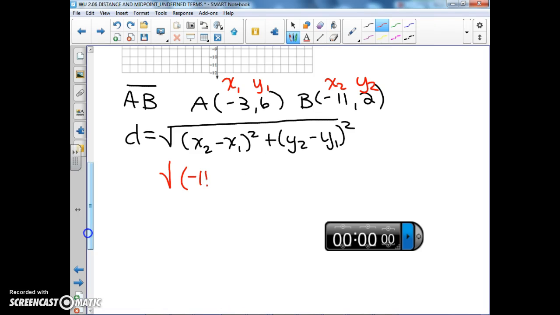If I have minus a -3, now I have two negatives, so two negatives will make a positive. I can just change this to plus 3, squared. And then I have y2, which is 2. Sorry, put the plus in between. y2 is 2 minus y1, so that's minus 6, and that's also squared.